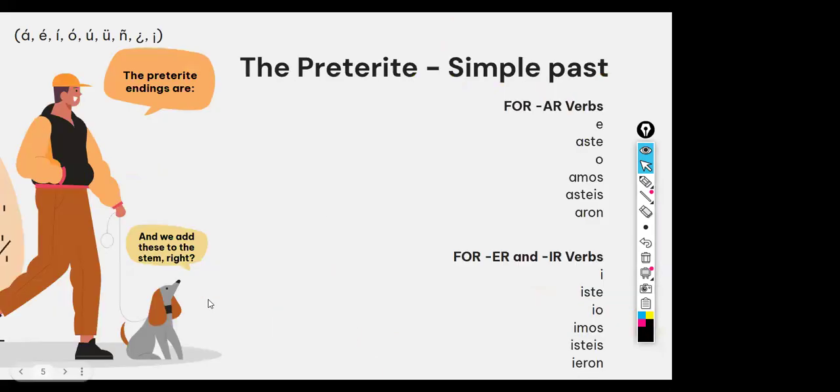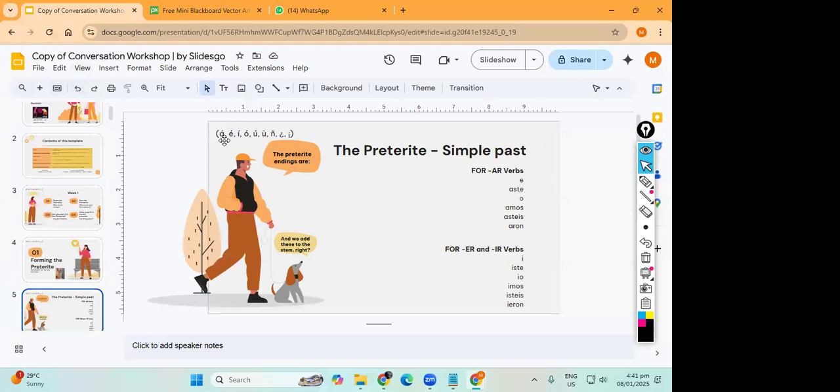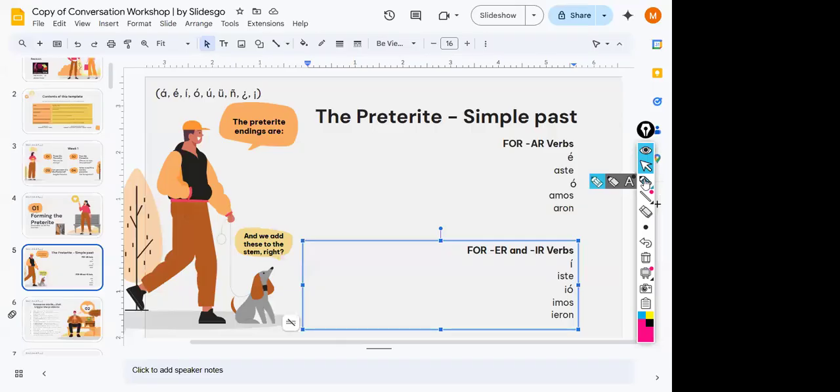All right, so these are the endings without some accents. Let me put in the accents as we discuss this. All right, now before I write in the subjects, tell me, how do we get the stem to form the preterite in Spanish? What do we start with?